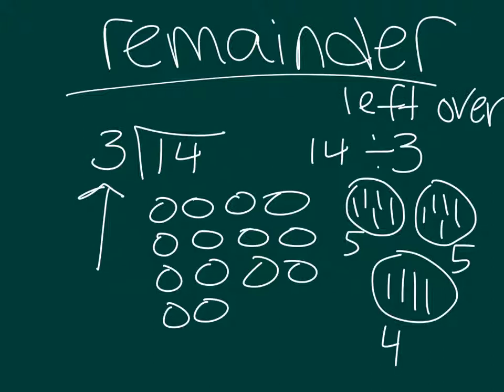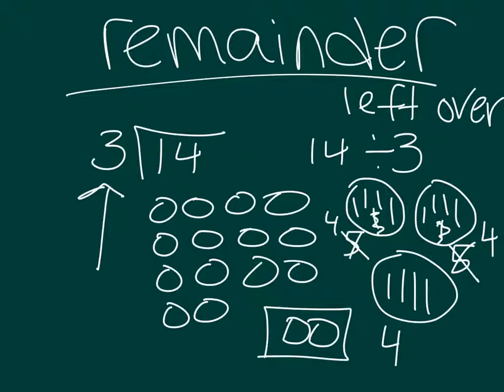They have to all be equal. So if I take 1 from here, now there's 4. So I have this extra here. Take 1 from here. Now there's 4. So I have this extra over here. Now there's 4 in each group and I have my 2 extras over here. So then there would be 4 in each group with a remainder of those 2.